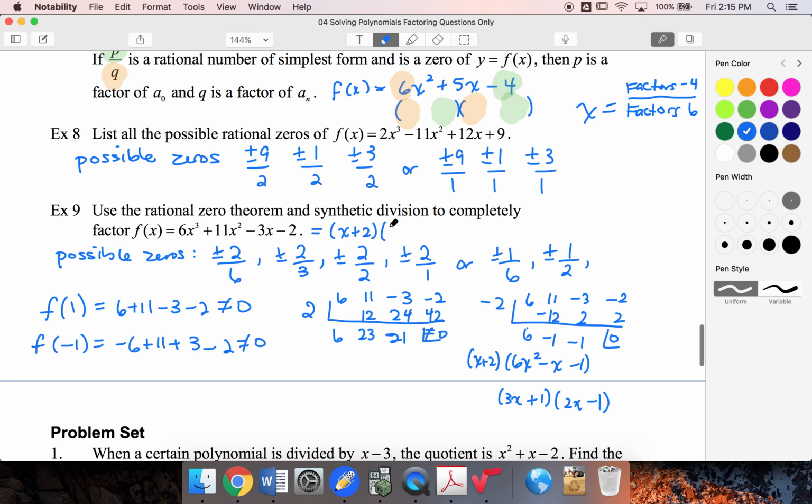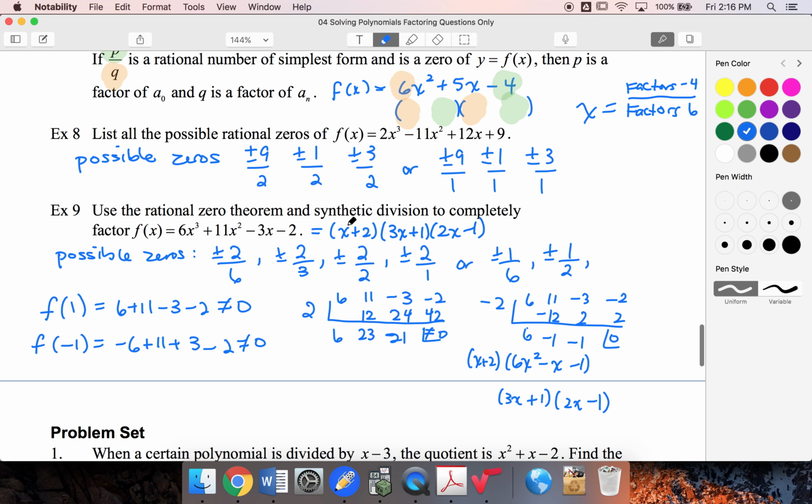And so there's my other factors, 3x plus 1 and 2x minus 1. Note, I can see that means my other zeros are going to be +1/2 and -1/3. So if I had tested +1/2 or -1/3, I would have also had a remainder of 0.